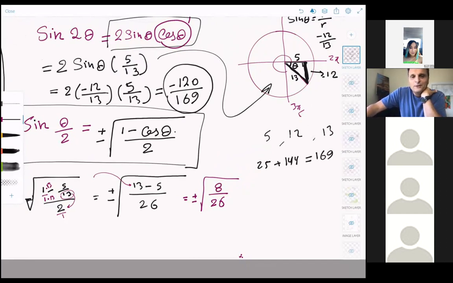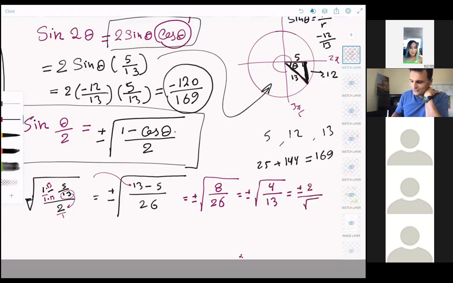Good. So 8 over 26, that's great. We can simplify now. Plus minus radical of 4 over 13. This is plus minus 2 over root 13. We rationalize it. Plus minus 2 root 13 over 13, by multiplying by radical 13 over radical 13.